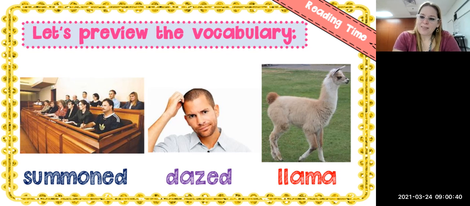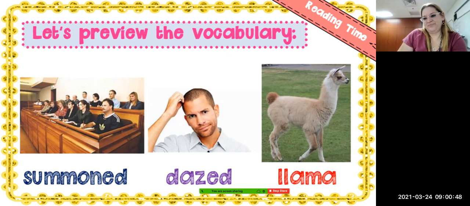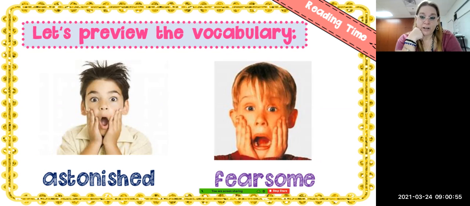And then we have a llama, which is a four-legged animal, and he is related to the camel. Isn't he cute? Look at that fluffy little tail. I just want to pet him. But he's fluffy. We have the word astonished, which means you are completely surprised. And the word fearsome, which means it causes fear or dread.